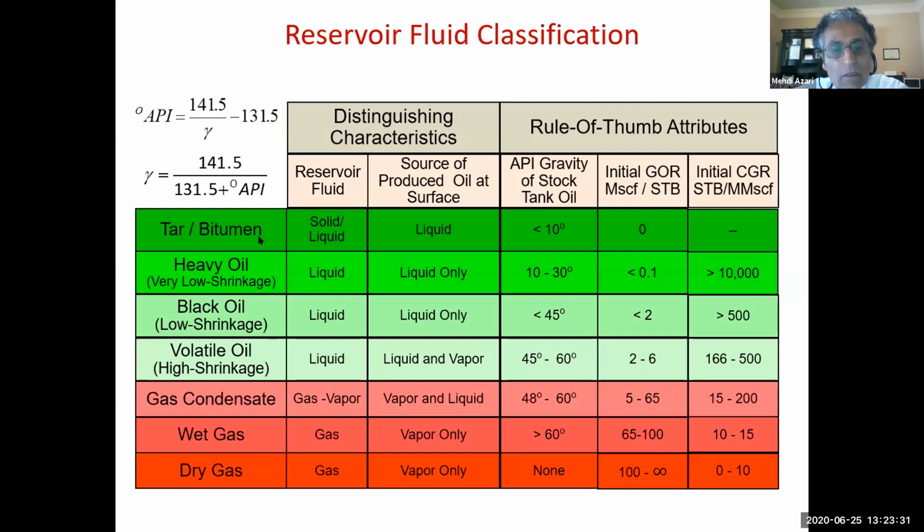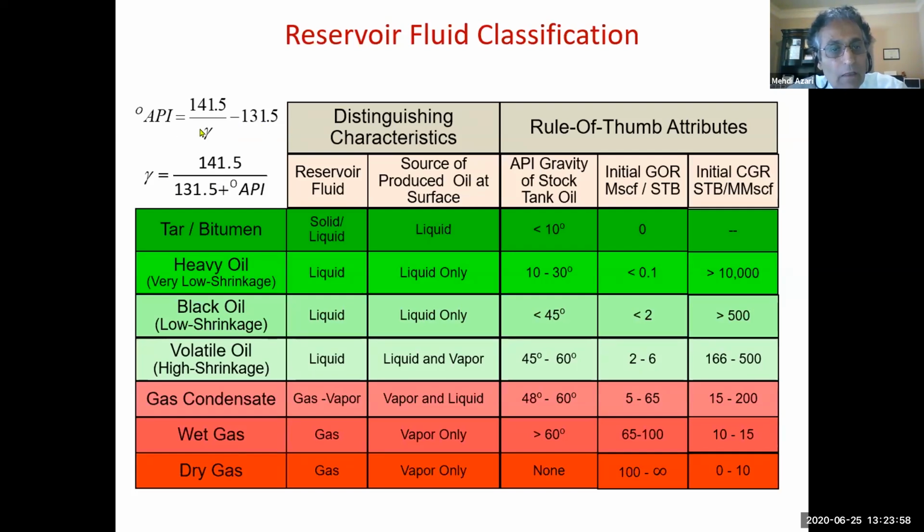For instance, if you have a tar or bitumen, it looks like a solid or liquid, very heavy. And you can produce it to surface as liquid. The API gravity is less than 10. And this is the equation for API gravity for those of you who do not know it, which is 141.5 divided by specific gravity minus 131.5.